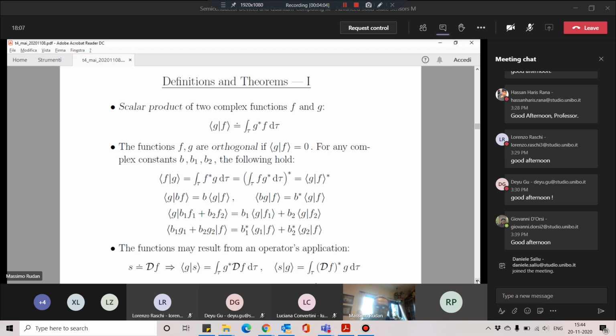And when we use this symbol, we do not explicitly write down the asterisk, because it is implied that in the calculation, the function that appears on the left is conjugate. It may happen that the scalar product between two functions is equal to 0. So by analogy with the vector theory, in this case, we say that the two functions are mutually orthogonal.